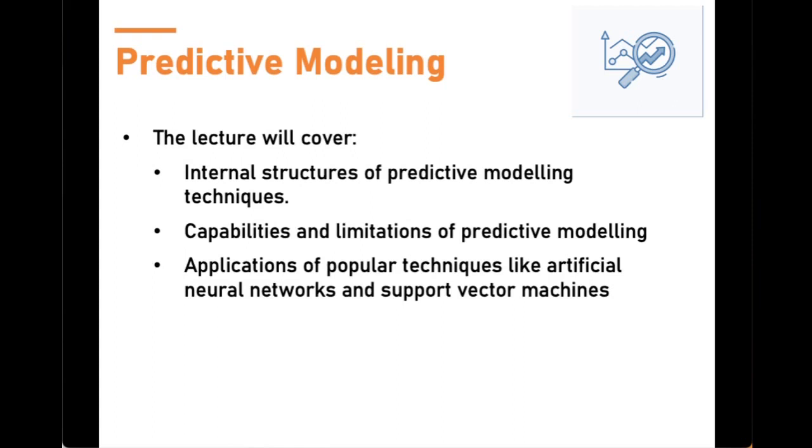In this lecture, we are going to study the internal structures, capabilities, limitations and applications of the most popular predictive modeling techniques. They are artificial neural networks and support vector machines.